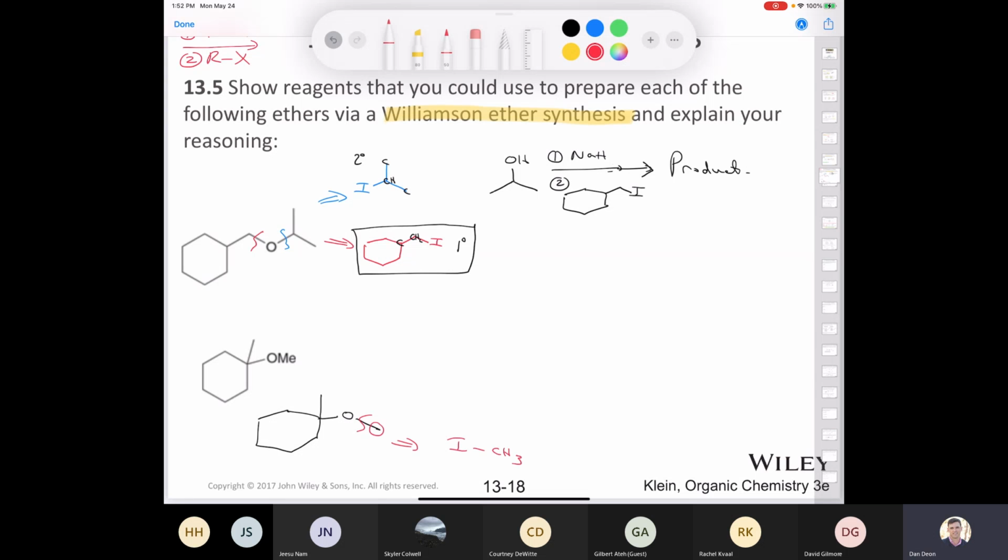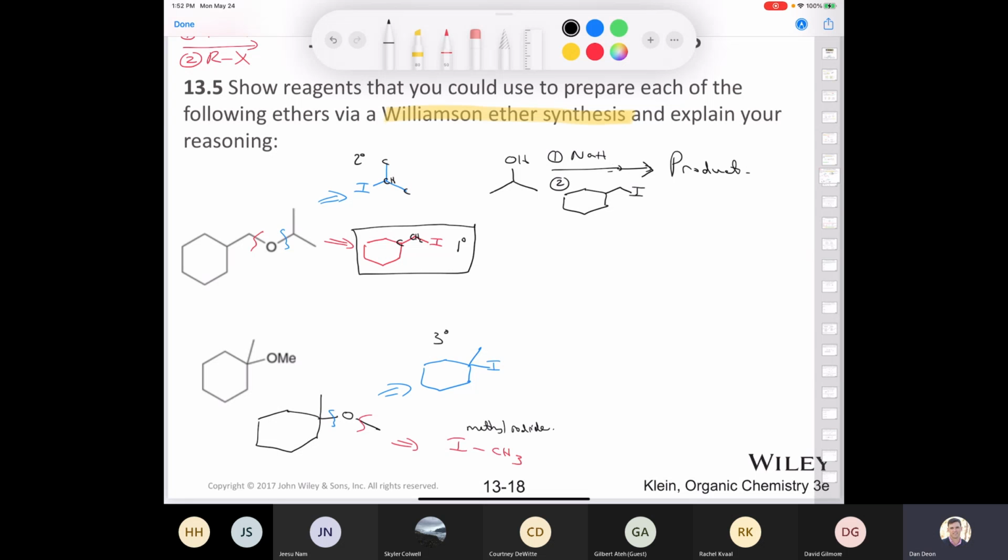I need this CH3 group. Or I could break it over here so that my alkyl halide would be this. Well, hopefully you can see that the one in red is the best option because it is methyl. It's a methyl halide. So methyl iodide is what this is called.